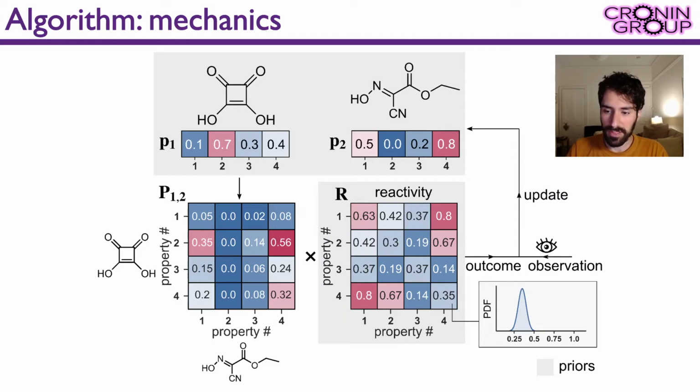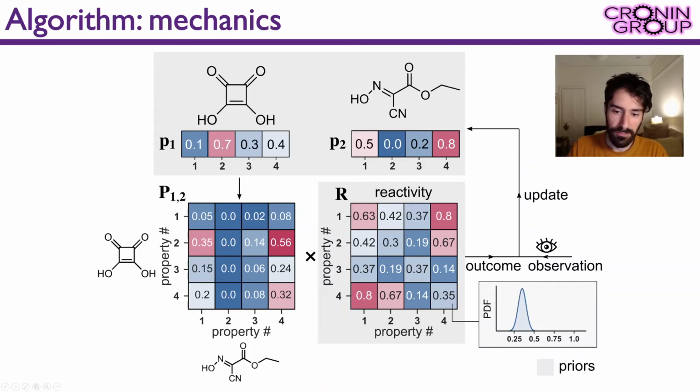So this is a matrix that we ended up having to constrain, where the diagonal has 0 reactivity in the final version of the model. But essentially it's a symmetric matrix. So property 2 and property 4 have 0.67 probability of reactivity.